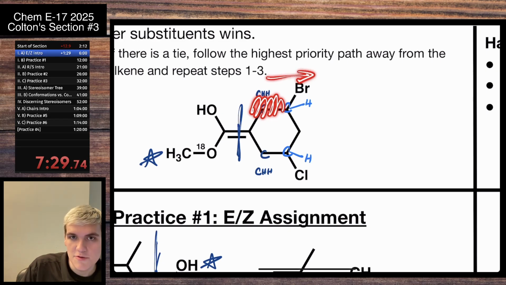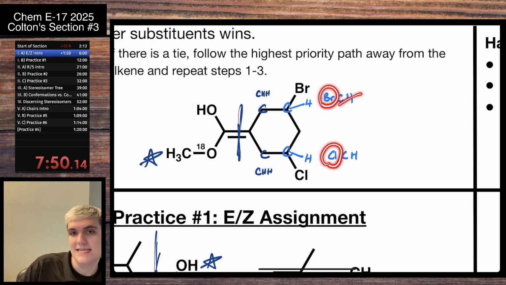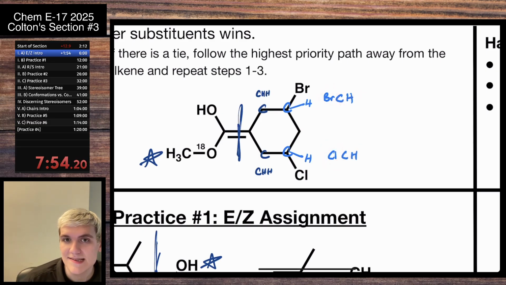So it's connected to a Br, a carbon, and an H. The bottom one down here is connected to a chlorine, a carbon, and an H. So to figure out who the winner is, we go with whatever has the highest atomic number substituents, and bromine is going to be higher than chlorine. The C and H are kind of a tie. But really, you just need whoever has the highest between both batches. So our highest priority is going to be over here.